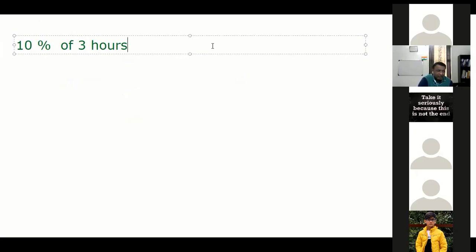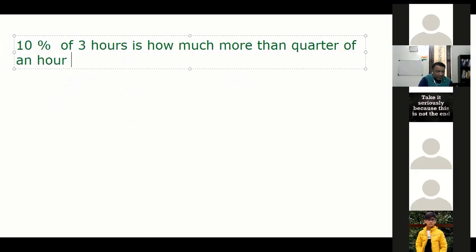10% of 3 hours is how much more than a quarter of an hour? Tell me who will solve this, and everybody try, we'll solve, because we are doing the word problems, guys. 10% of 3 hours is how much more than a quarter of an hour?